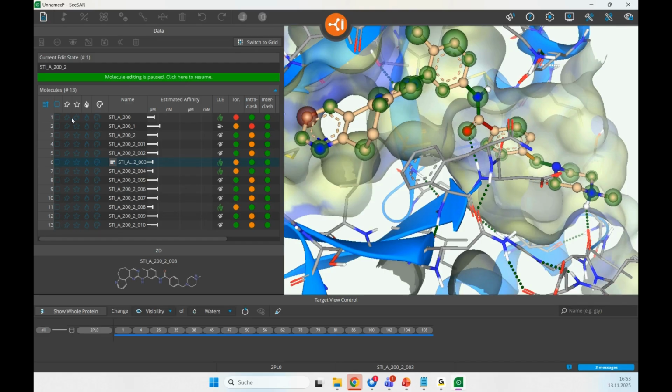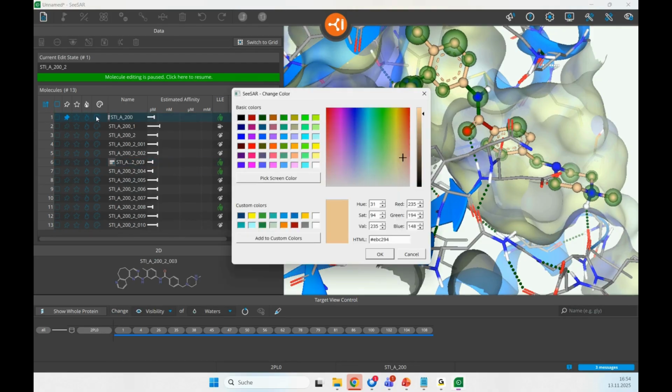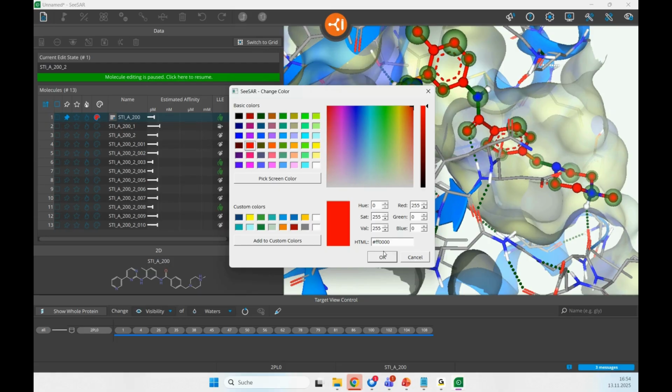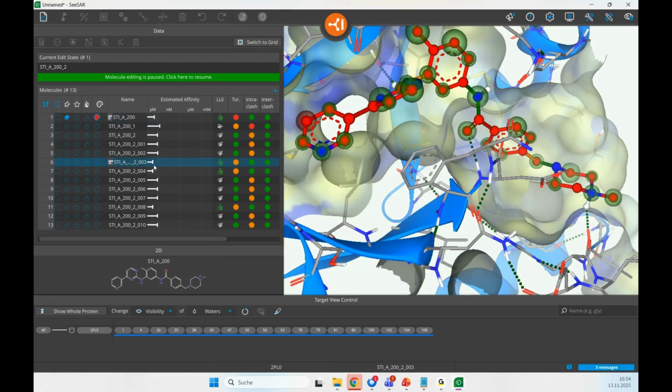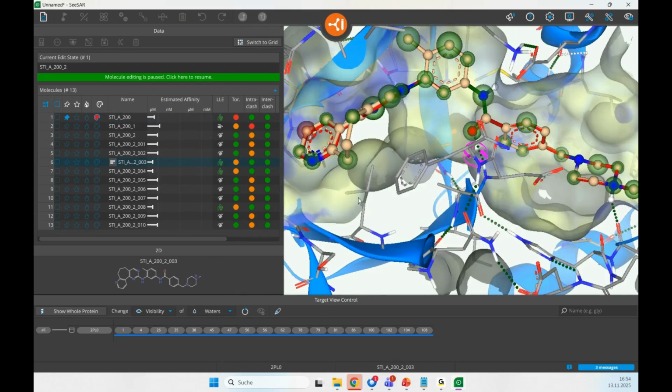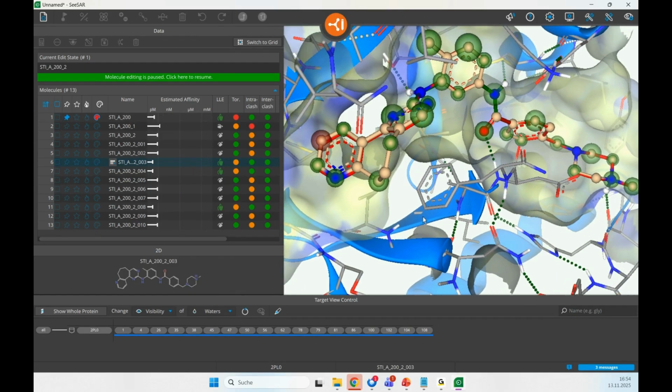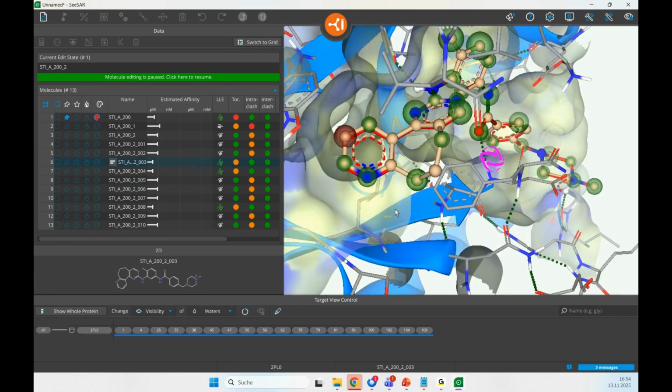And compared to the original compound, if I would like to pin my original one, I can do it here. I can also recolor it in red just for a second so we can compare it a little bit better. And we can see that our edited molecule was docked perfectly on our initial starting point.